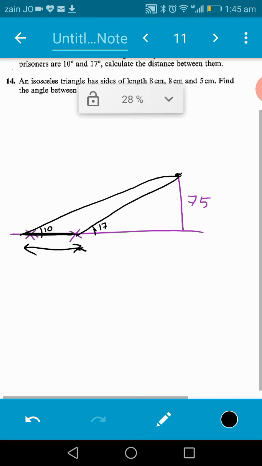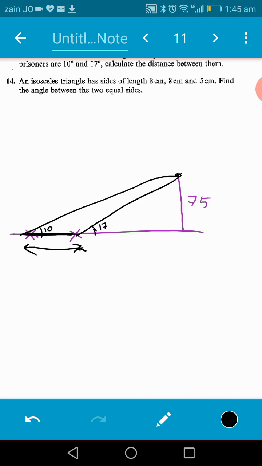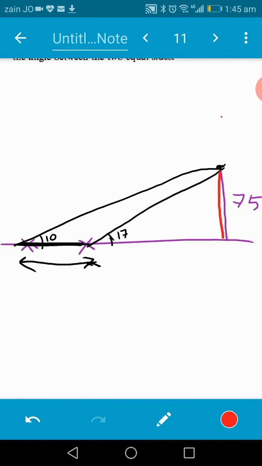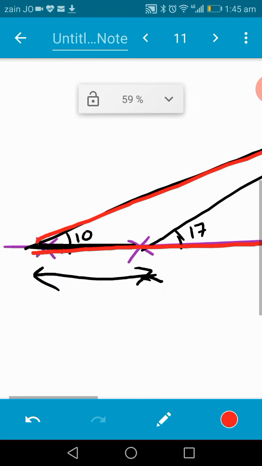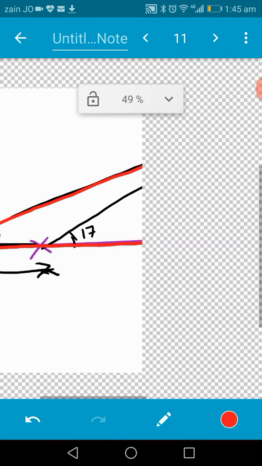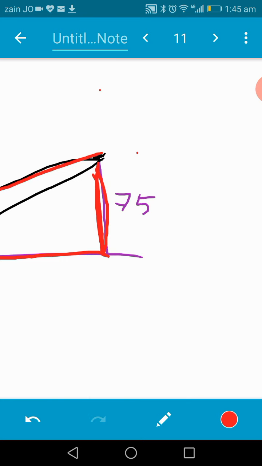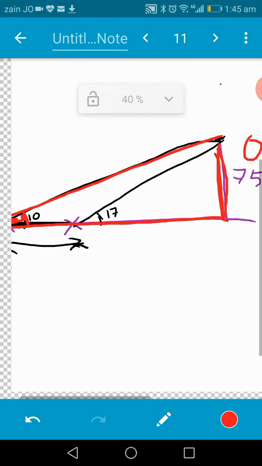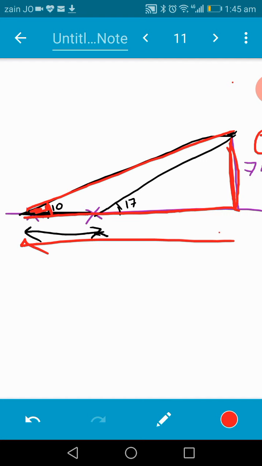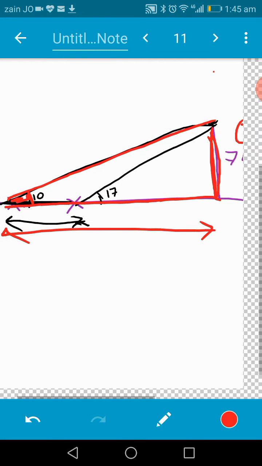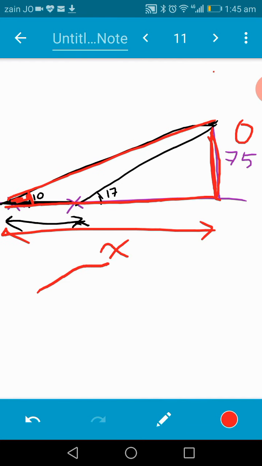How can you find this distance? It is easy, teacher. First of all, take the big triangle. Now this angle is 10 and this is the opposite. We need to find the length of this whole side; call it x. Find x.